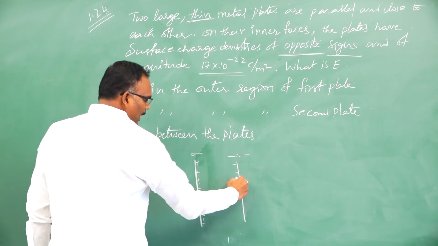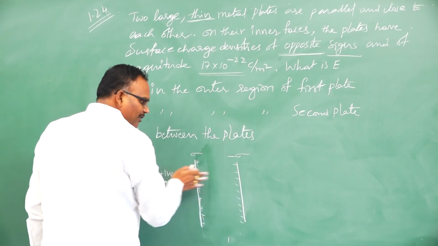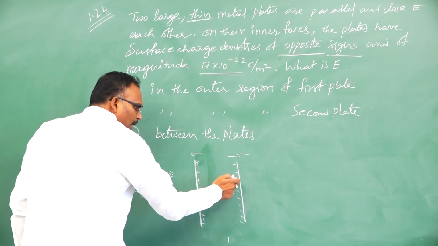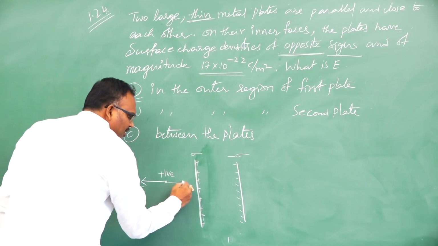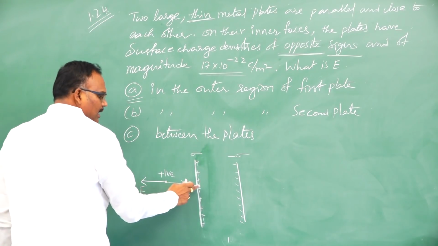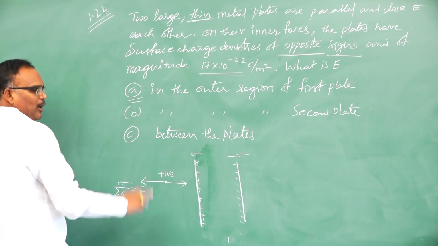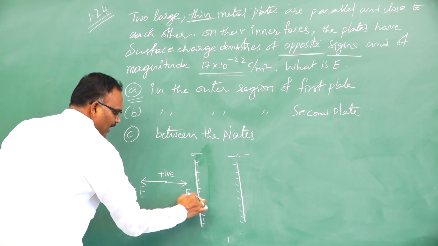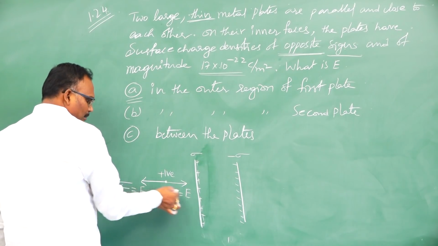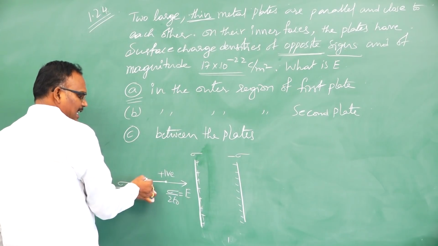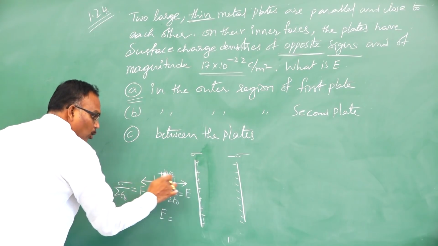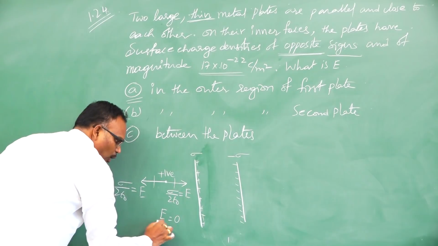This is negative plate. Electric field will be inward for the negative charge. That means electric field due to negative plate at this point is in this direction, because this negative plate attracts the positive charge. This positive plate repels this unit positive charge. So electric field here also sigma by 2 epsilon naught. That means magnitudes equal, direction is opposite, so cancel. Net electric field at any point outside the first plate is 0.